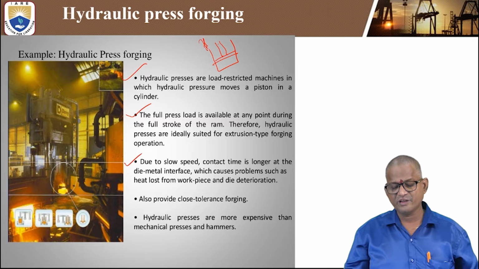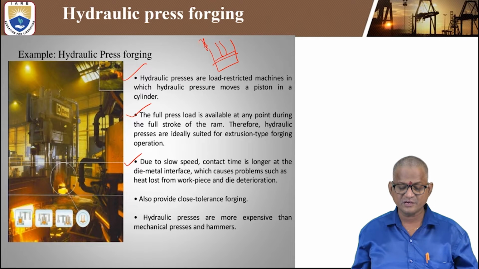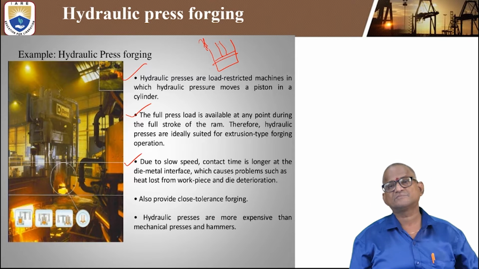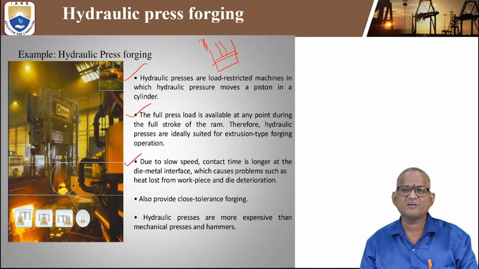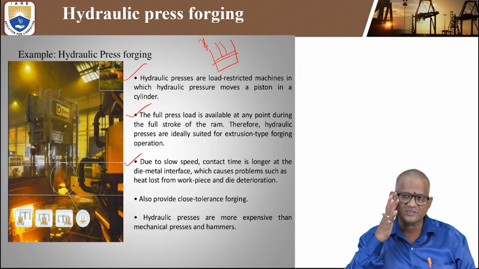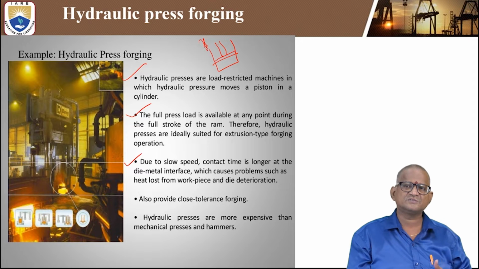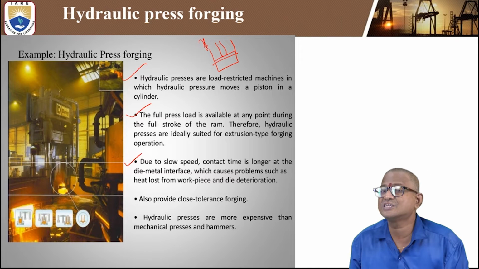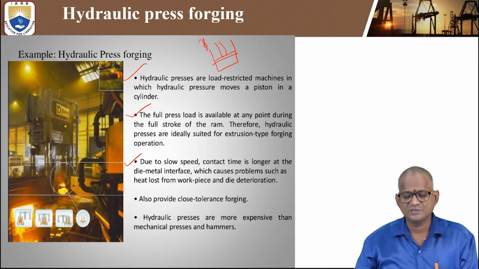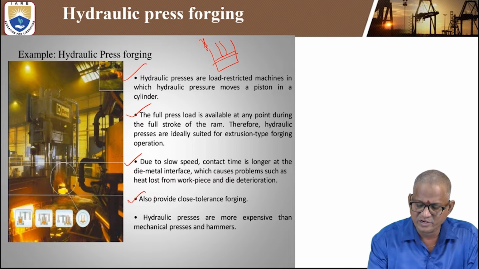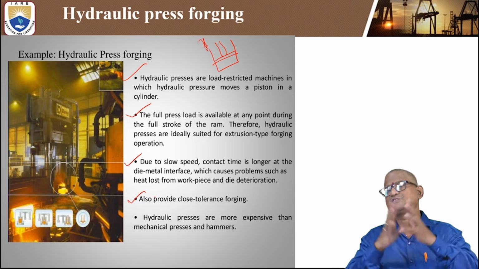Wherever it is a high capacity press, due to low speed, contact time is very long at the die-metal interface, which causes problems such as heat loss and workpiece and die deterioration.